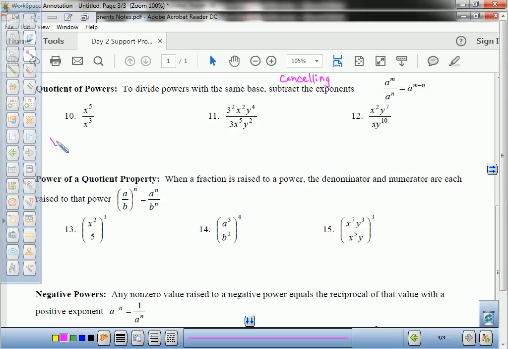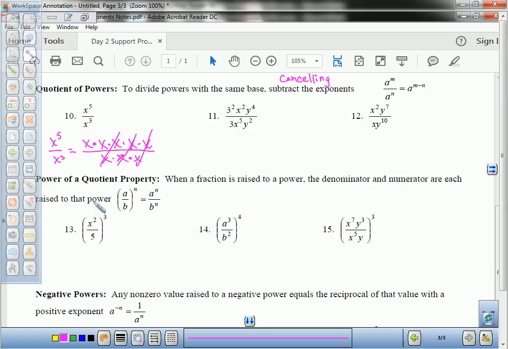What I mean by this problem is x to the 5th over x cubed. Don't write this down, but it means x times x times x times x times x over x times x times x. So those cancel, those cancel, those cancel. We're left with 2 x's. We're left with x times x.